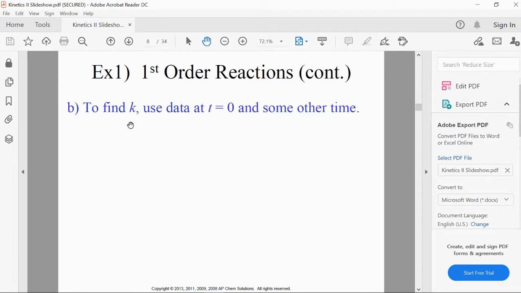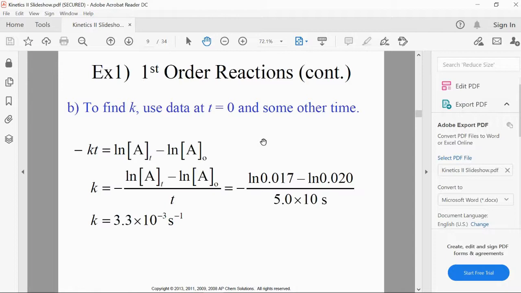Next, we're going to find k, and to do that, we're going to use data at time equals 0 and some other time and that integrated rate law. So just plug it in. Solve for k, so rearrange by moving the negative sign over to the other side and divide through by t.